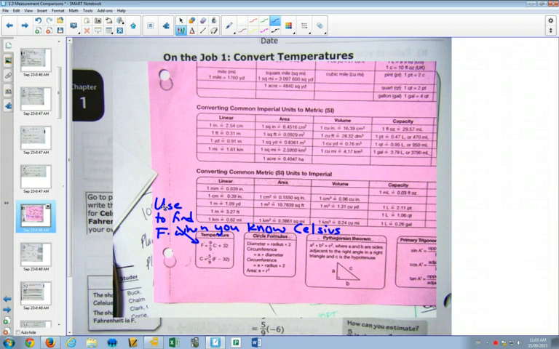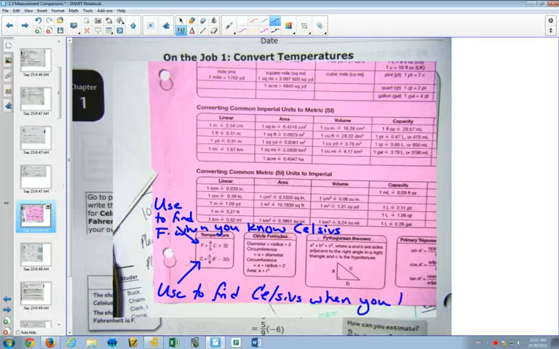If you want to find what it is in Celsius when you know the Fahrenheit, you're going to use the formula that says Celsius equals.